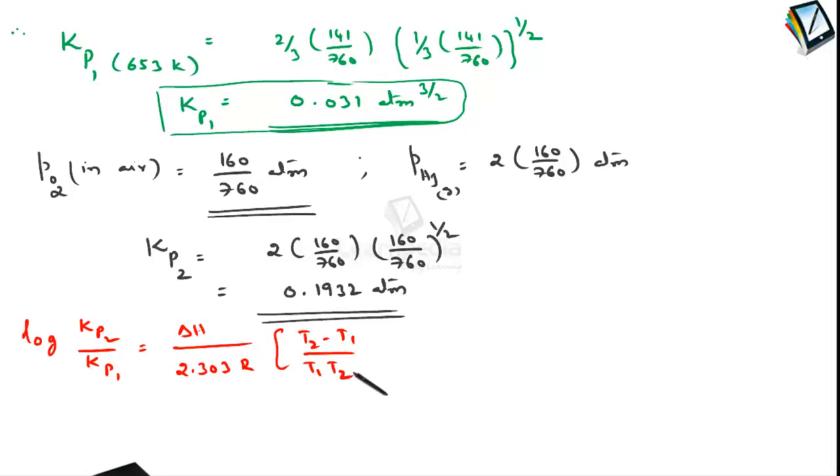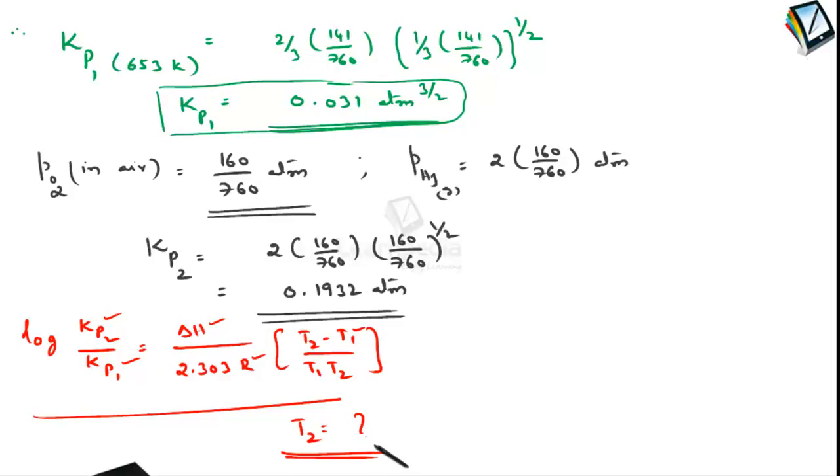So this is the relation which is to be used. Now we know Kp2, we know Kp1, we know delta H, we know R, we know the T1. So what is left to be worked out? T2. That T2, they are asked to find out where solid mercuric oxide dissociates freely in air.